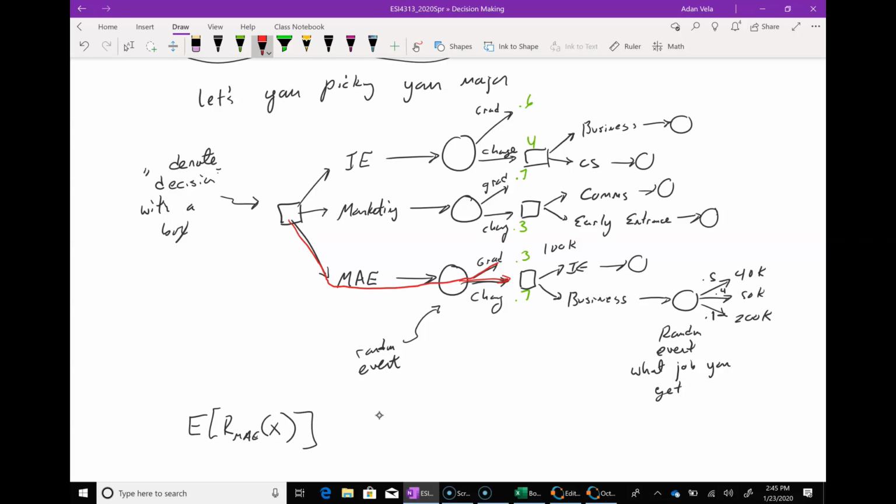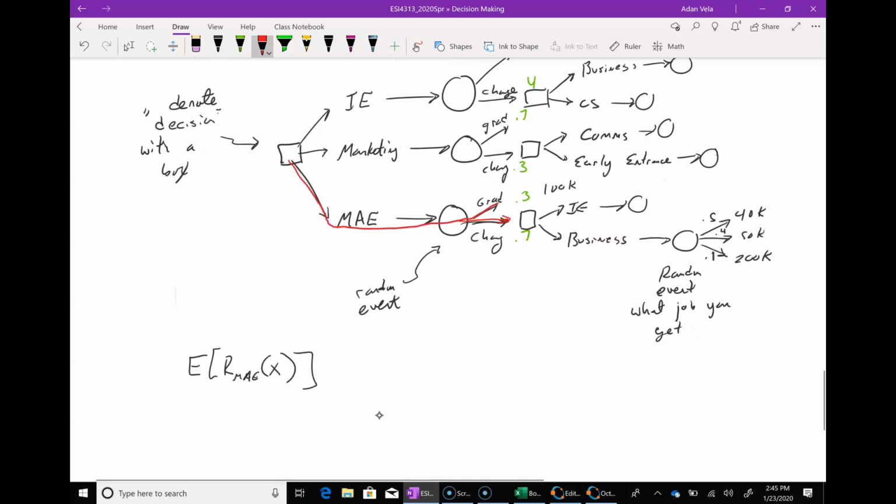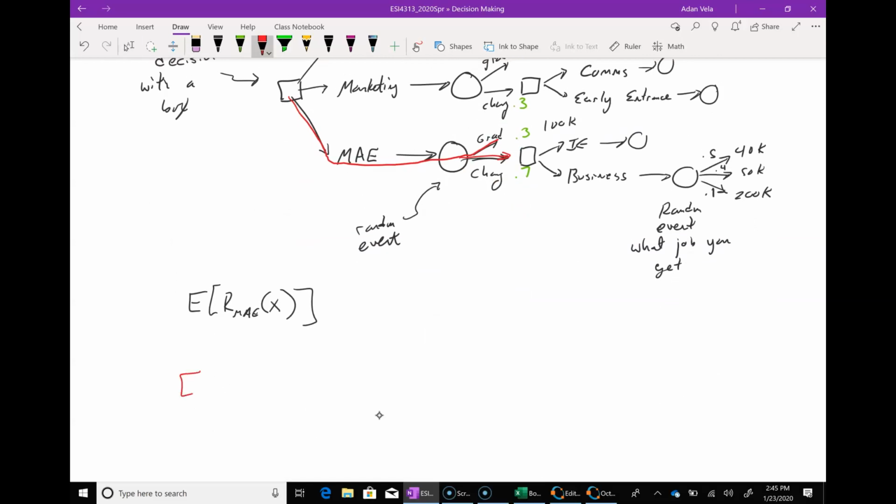That said, I can calculate stuff like, what's the expected reward of selecting MAE given you changed majors to business.